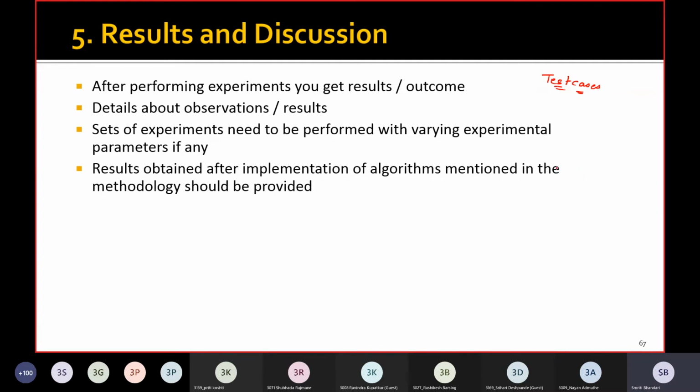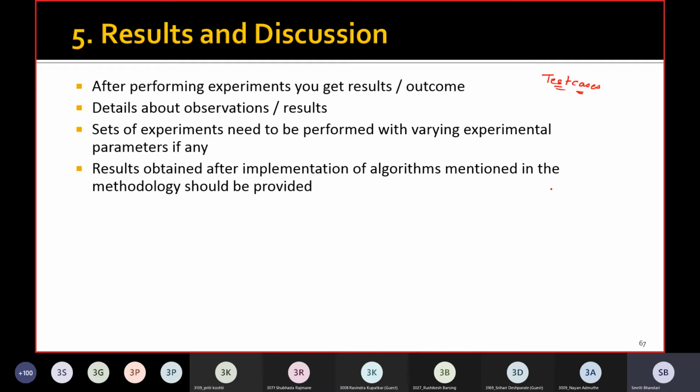While providing the results, you may refer to the respective methodology that you have listed in the earlier chapter. Meaning, under the methodology chapter you have provided the detailed algorithm, and in results you have implemented that algorithm.